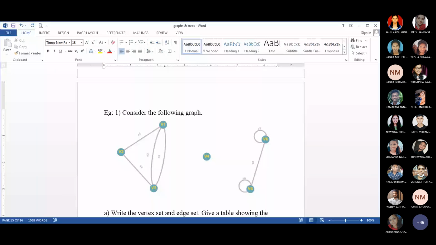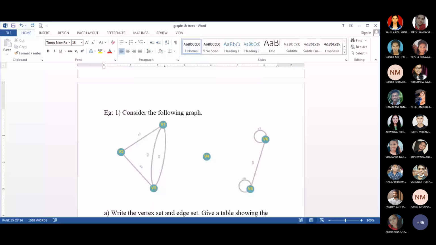Done, sir. Okay. So basically we have a graph on how many vertices? 3. No, it's a graph on 6 vertices.